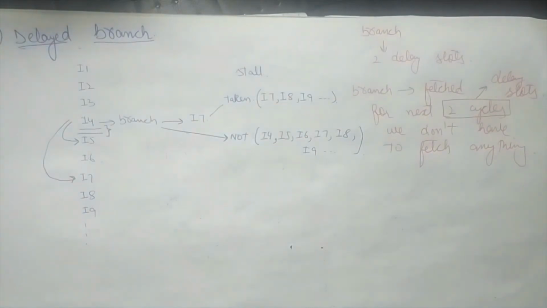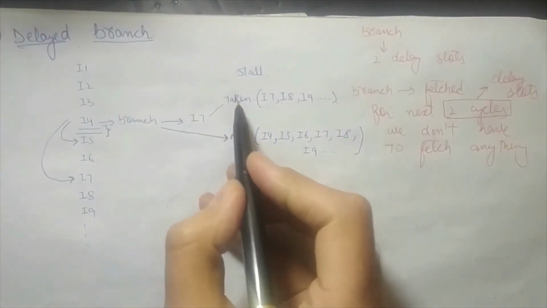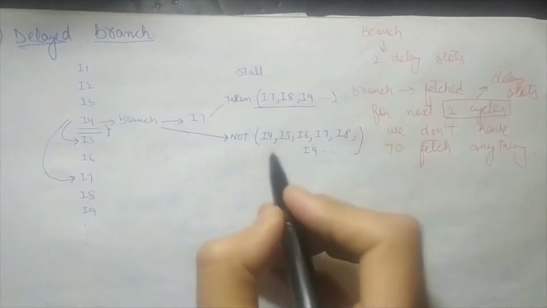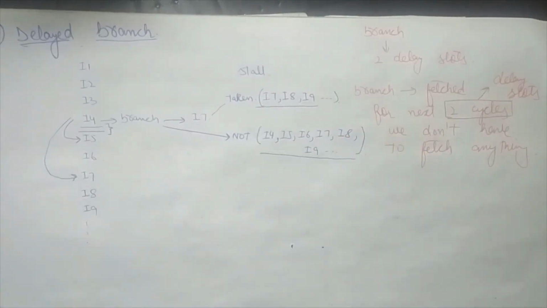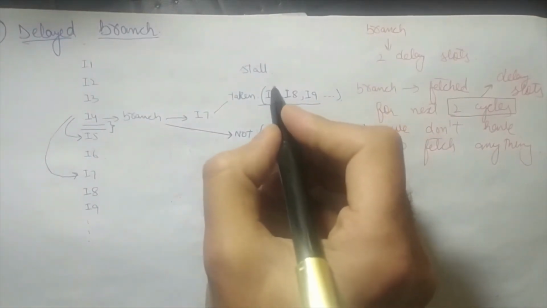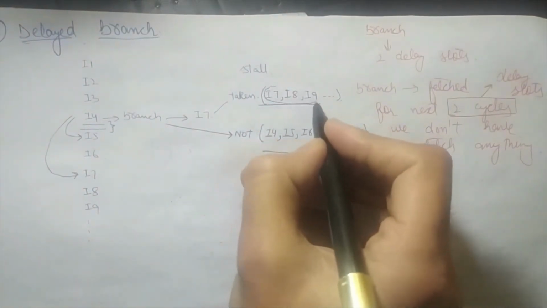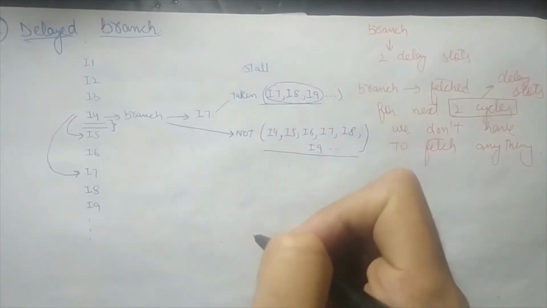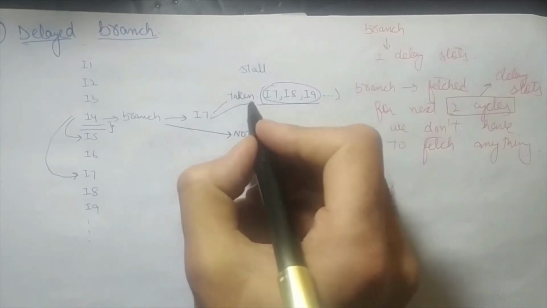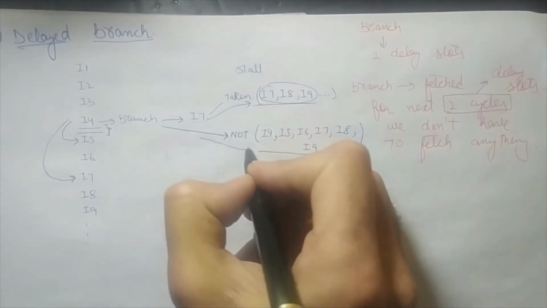You can see from these two scenarios that I7, I8, I9 are executed whether the branch is taken or not taken.